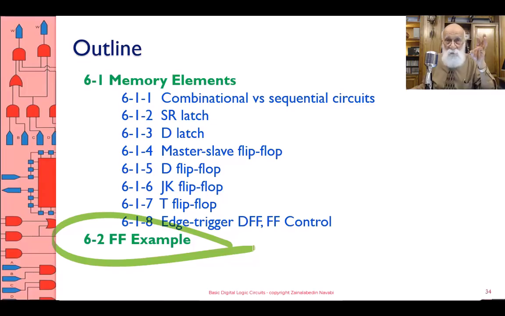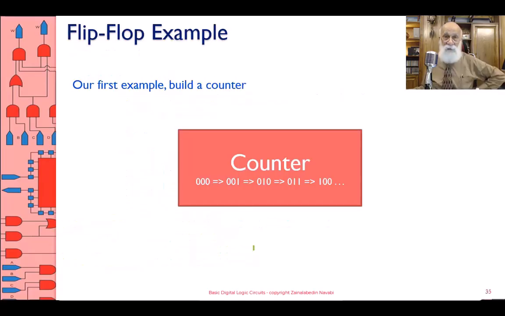All right. So I'm designing a modulo 5 counter. The initial state of it is 0, goes up to 4, and then goes back to the initial value of 0, 0, 0.